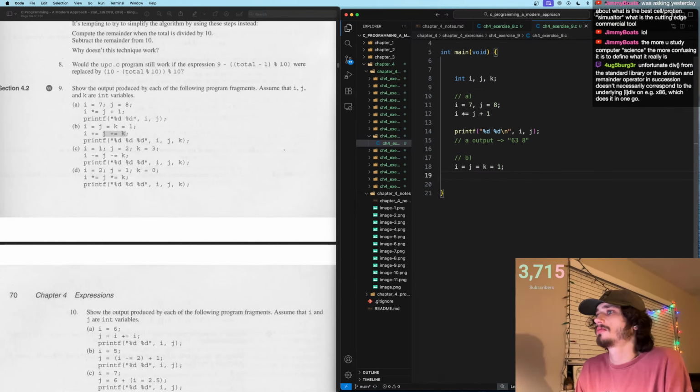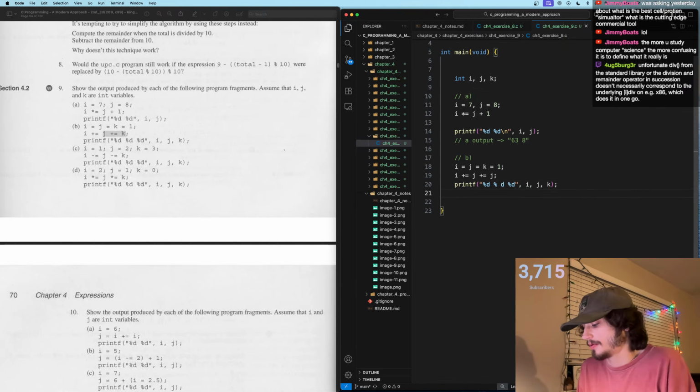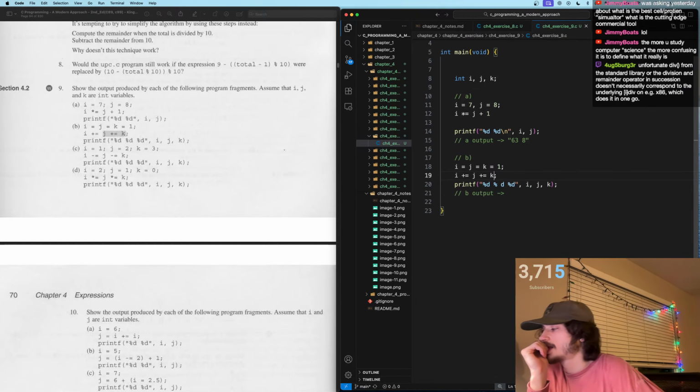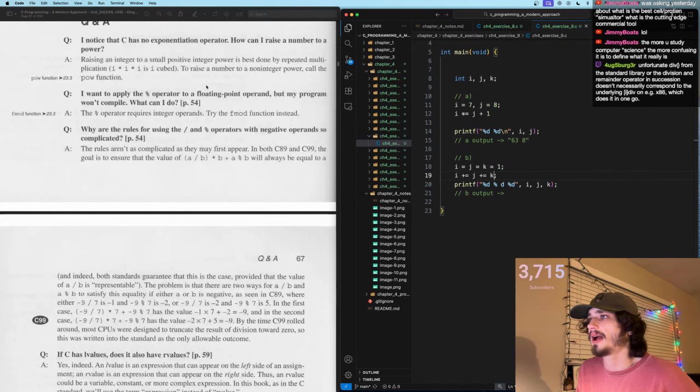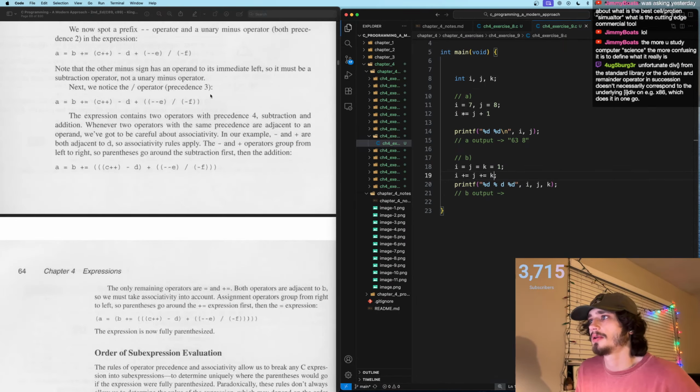Okay, so let's do i += j += k. printf %d %d for i, j, and k. Let's go B output. What do we think this would be? Let me go back up and see some of my notes here.